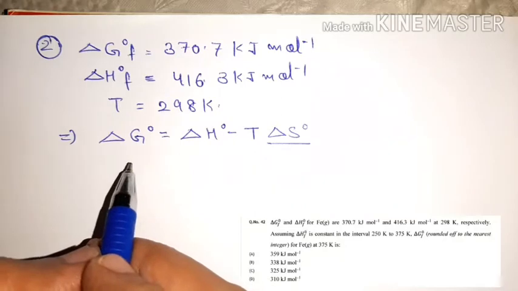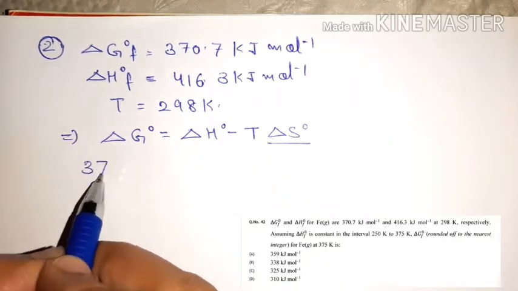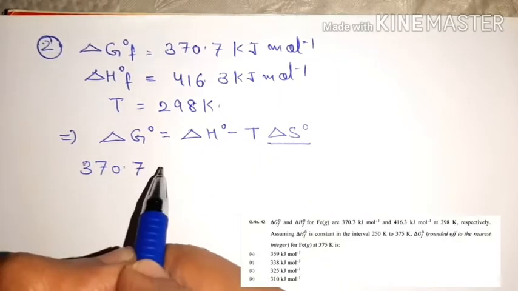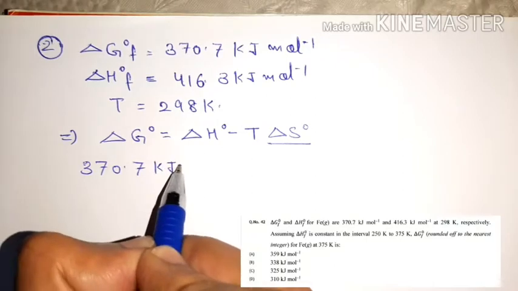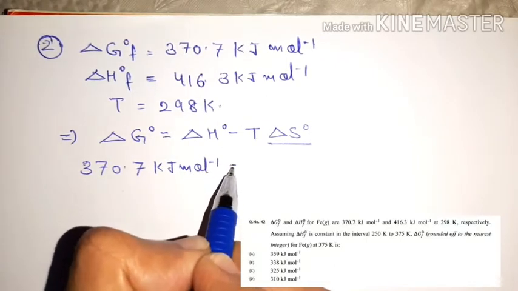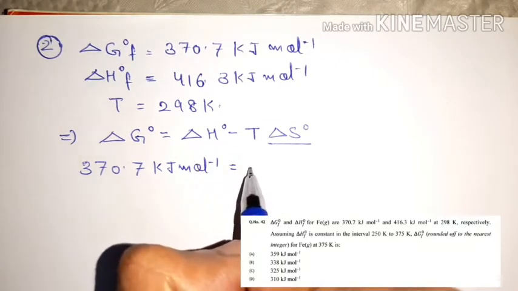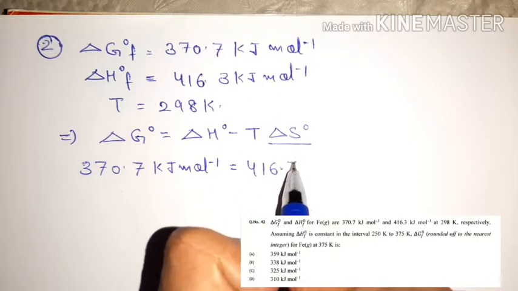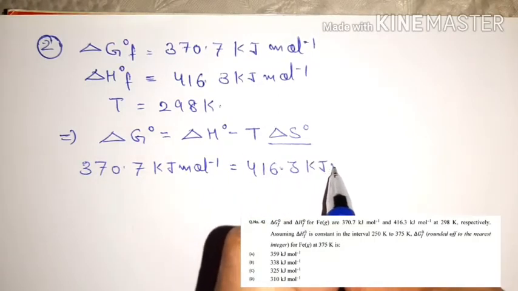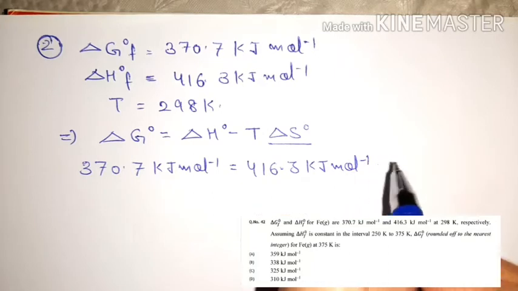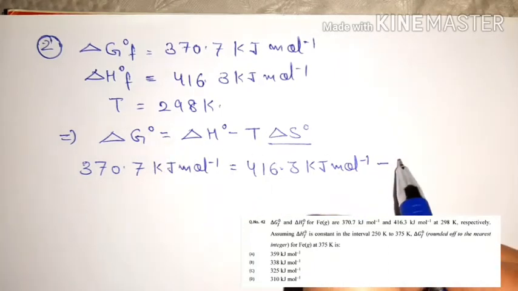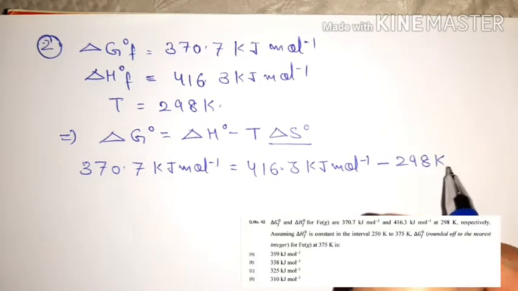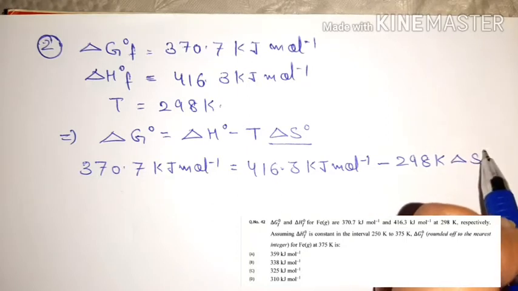So the value of delta G naught is 370.7 kilojoule per mole, equals the value of delta H naught, which is 416.3 kilojoule per mole, minus the value of T, which is 298 Kelvin, and the value of delta S naught is what we find.